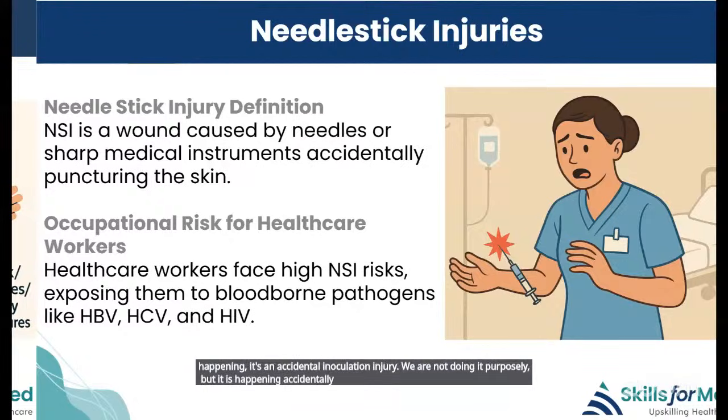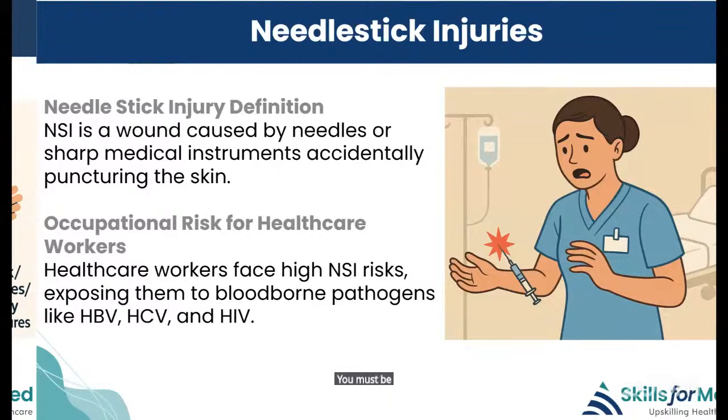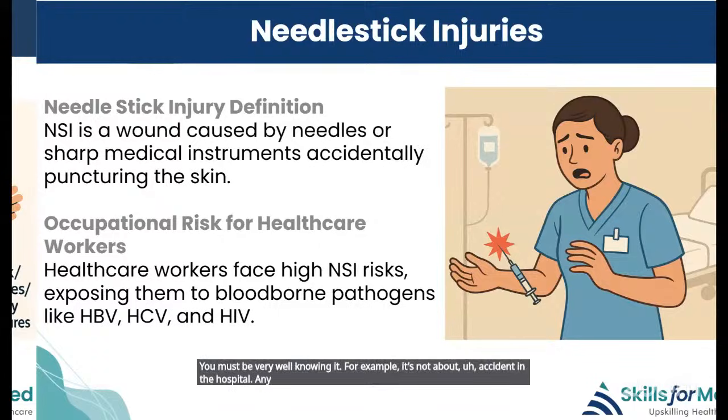And why do these accidents happen? You must know it well. It's not only about accidents in the hospital, but any accident in your life. For example, if my duty shift is at 8 o'clock and I'm getting up at 7:45, definitely I'll be in a hurry.